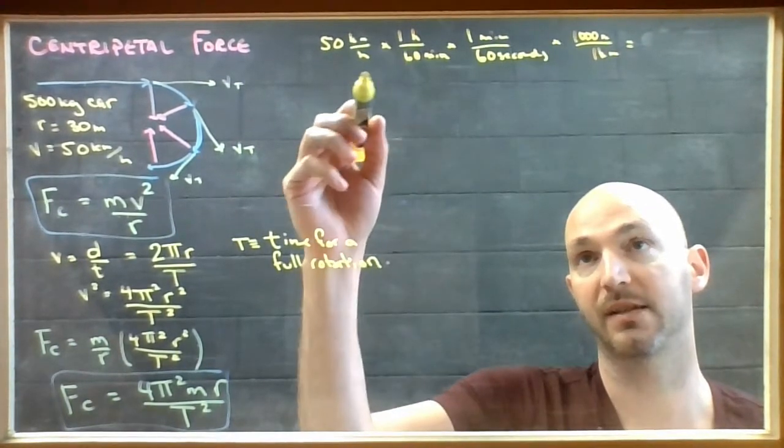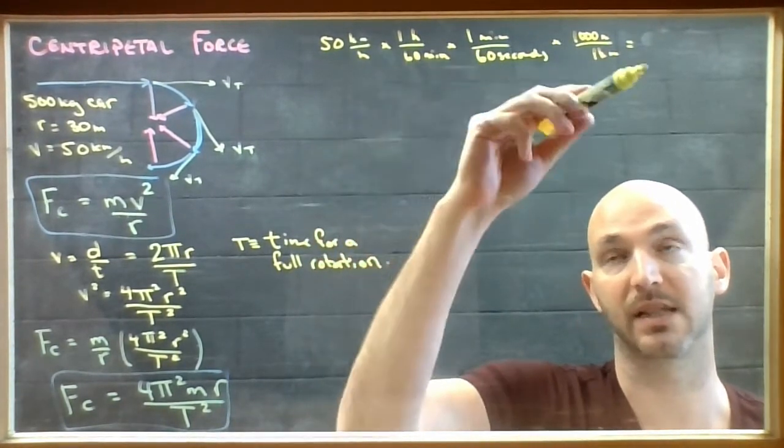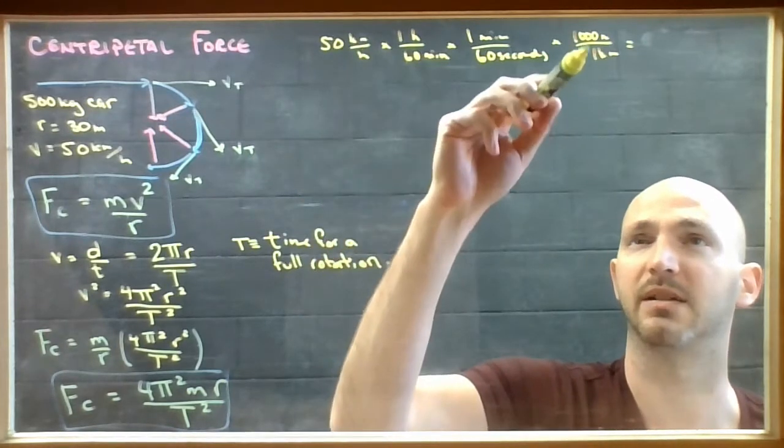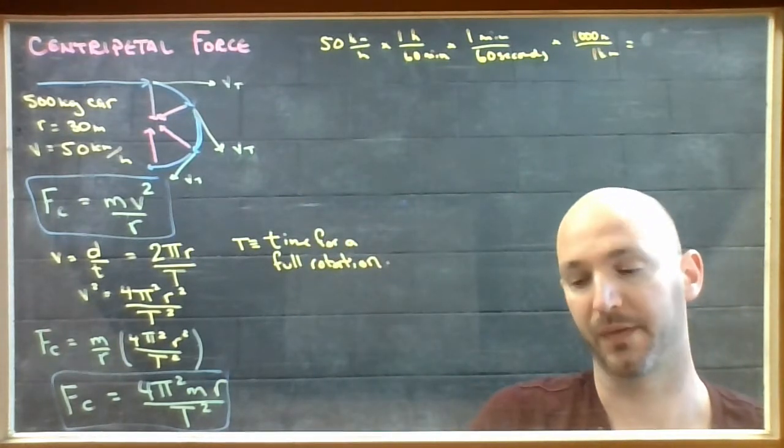So hours cancel hours, minutes cancel minutes, leaving seconds behind. Kilometers divides kilometers, leaving me with 1,000.